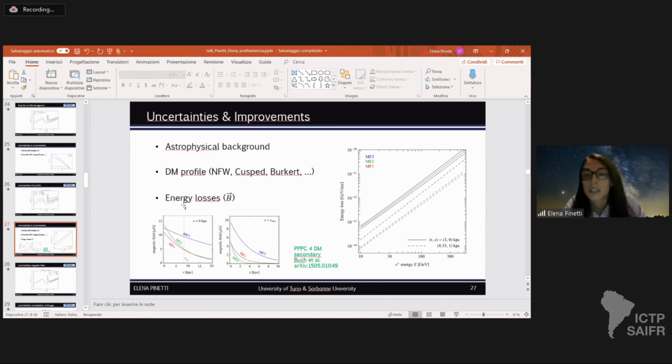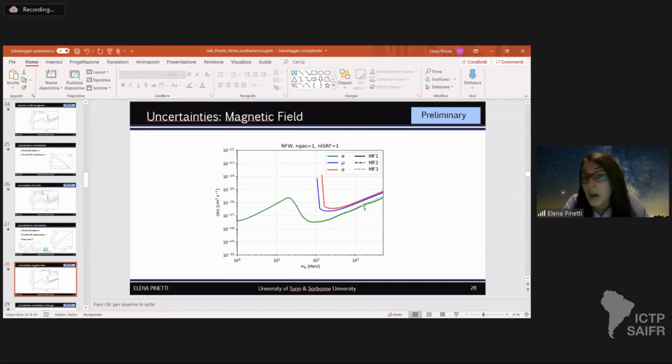We see that one of our uncertainties is linked to the energy losses. The energy losses depend mainly on the assumption that you make on the magnetic fields. So we use the energy losses as given by the PPPC, which gives you the possibility to choose among 3 different energy losses. In the results that I showed you before we used the MF1, but they also depend on the gas density that you consider. And we see that our results don't depend on the choice of the magnetic fields.